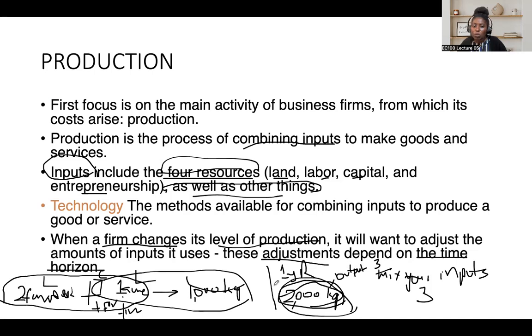So if you have to increase the level of production from this to this by increasing the size of the land, in 6 months' time, you might not be able to do so, right? Because maybe you might not have the money to rent another space. Okay, maybe there could be already somebody else over there in the next space, so you might need time to move that person out.